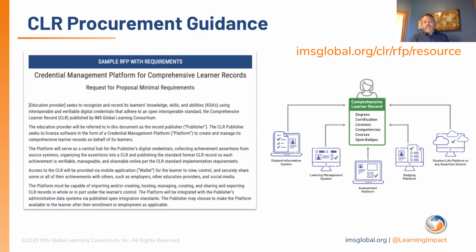So for platforms that are building tools to manage CLRs, some of them also have badging functionality. So they'll see some harmony between those two data standards. And again, achievements in a CLR can be badges. There are ways to include the open badges data model within the CLR.